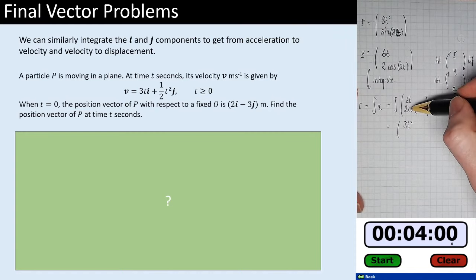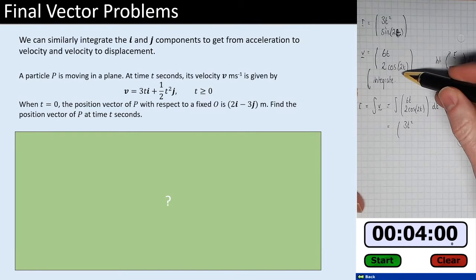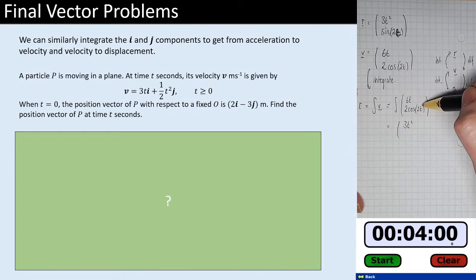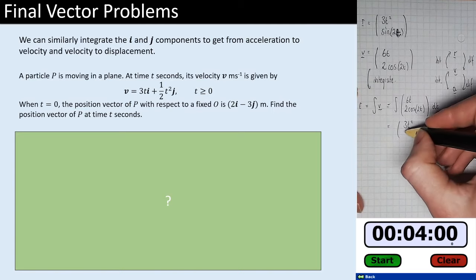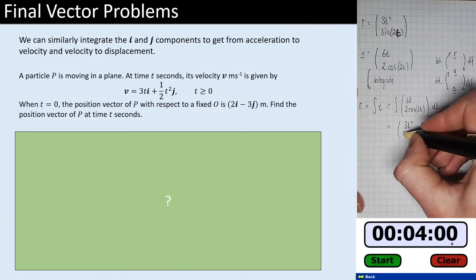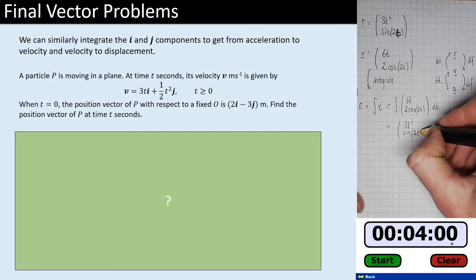And integrating a trig function, well, cos would go back to sine, and we do reverse chain rule on the part in the middle. So we essentially divide by the differential of that bracketed part there. So we would get back to sine 2t.